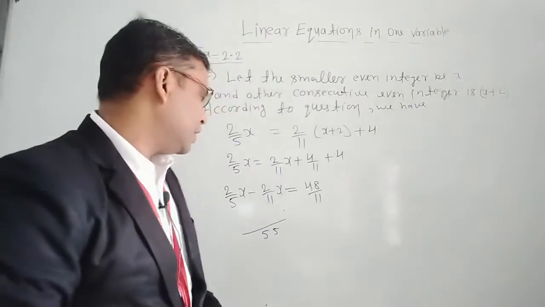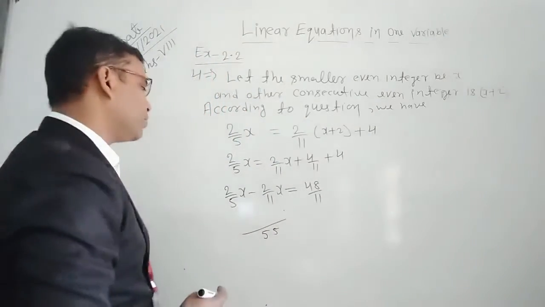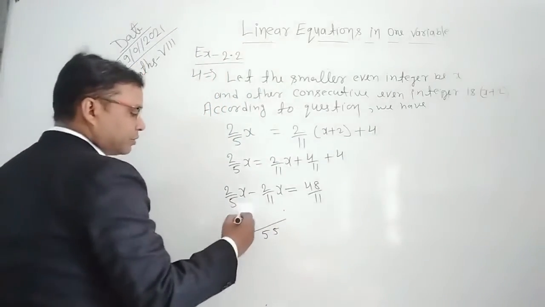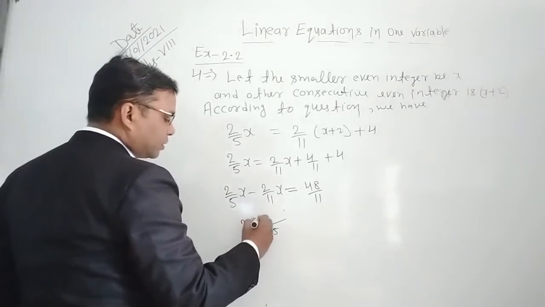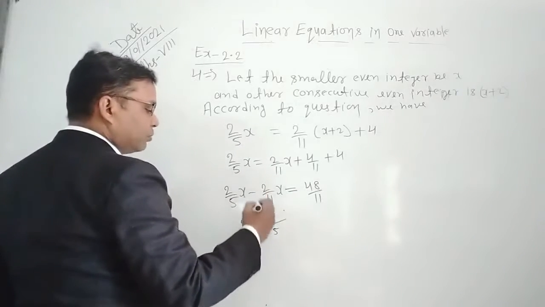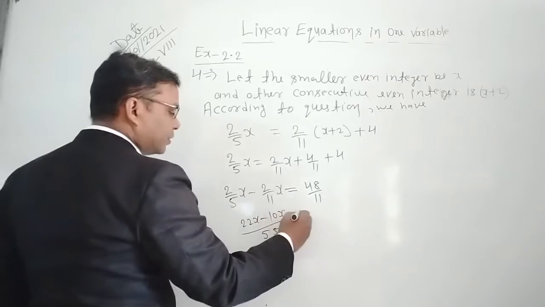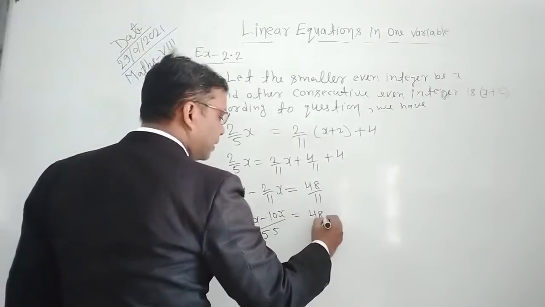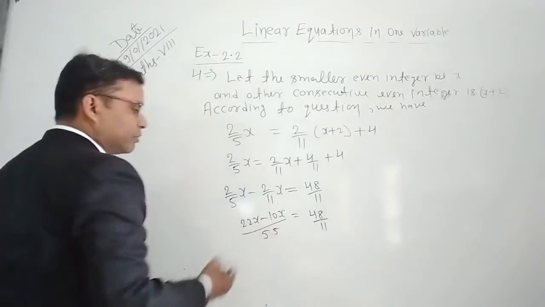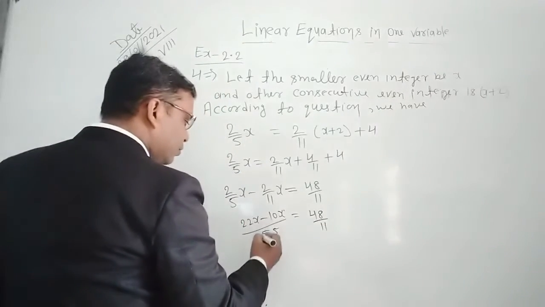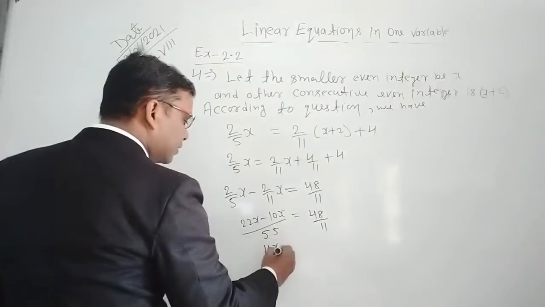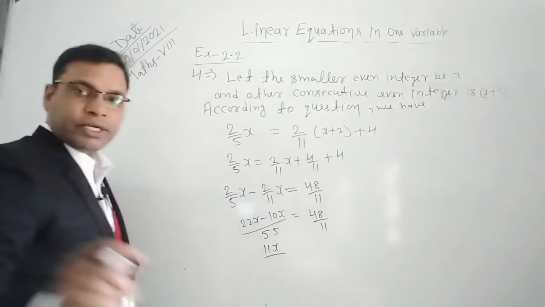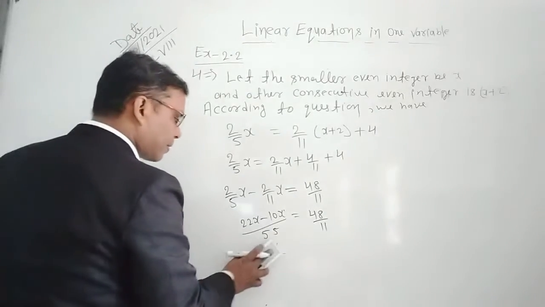So you can write 22x minus 10x over 55 is equal to 48 by 11.